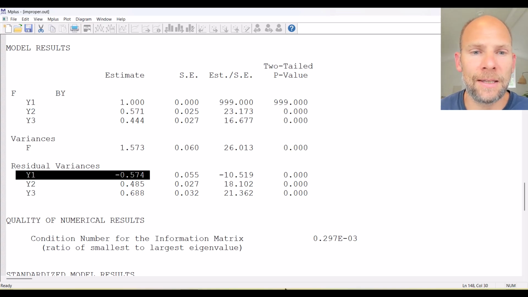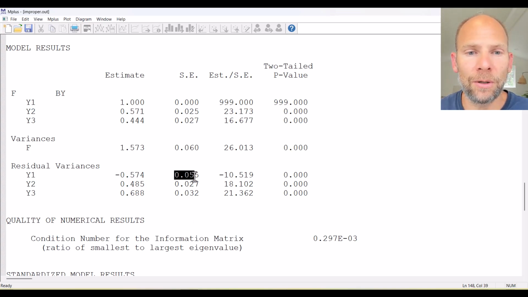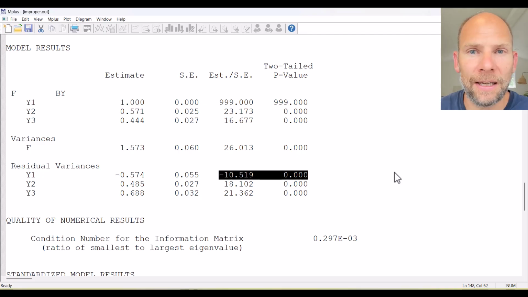Also, you can see that it has a reasonably small standard error, so that the z statistic for this negative variance is actually significant at the 0.05 level, and that is also not meaningful because it would indicate that the variance is significantly different from 0 in the negative direction, and again, that doesn't make any sense. So this definitely shows us that something is wrong with our analysis.